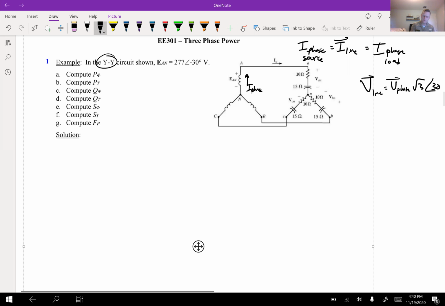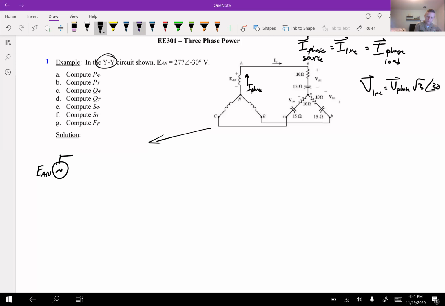And once I have that, recognizing it's my YY system, so these are how I'm going to relate these, it's just a matter of making it first the single phase equivalent. So I can convert this into an EAN. I'm just taking this portion right here and redrawing it because I'm considering that these two neutrals can connect because they're like ground.